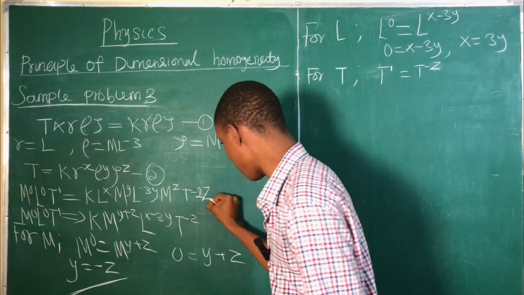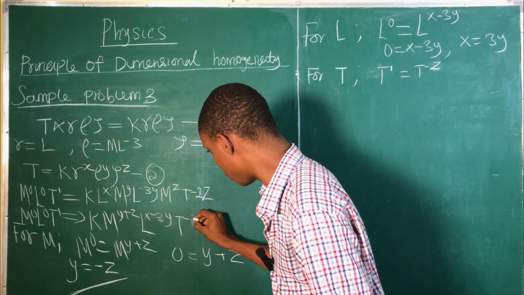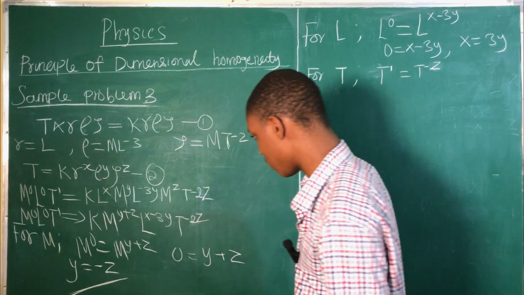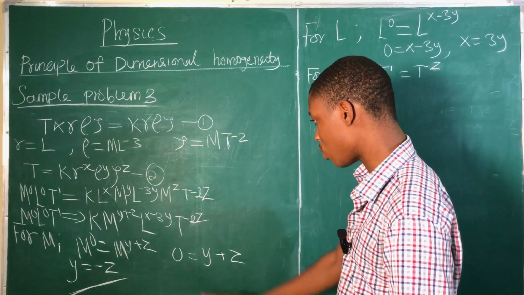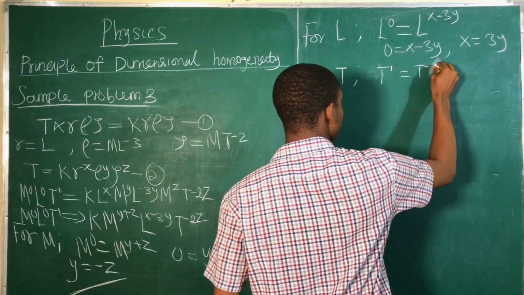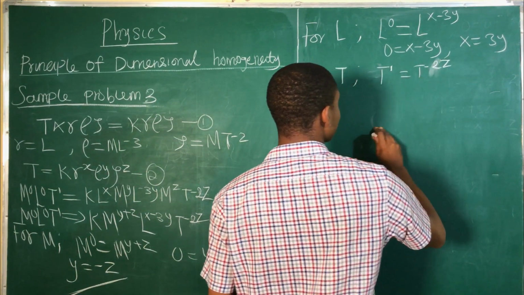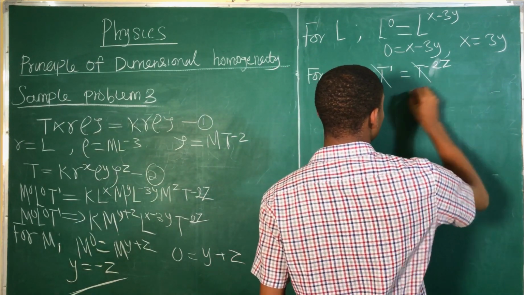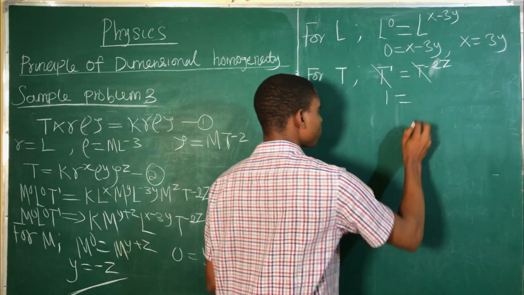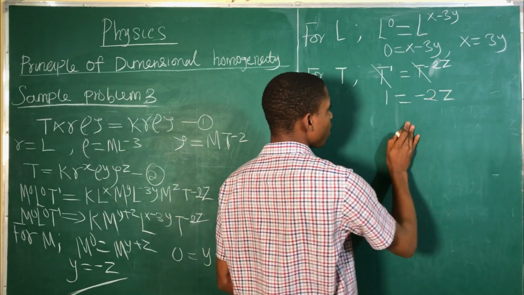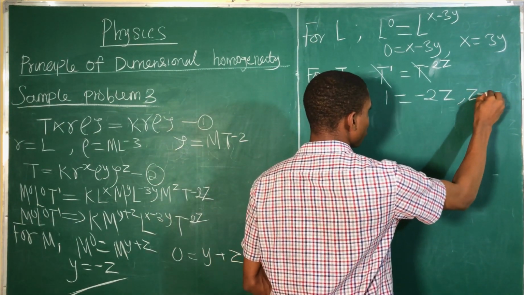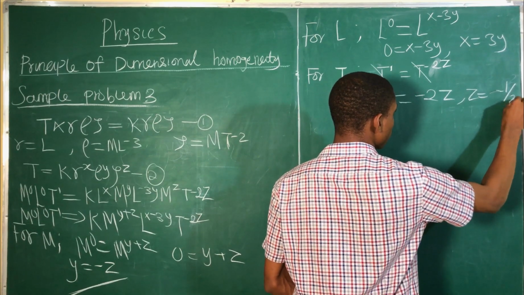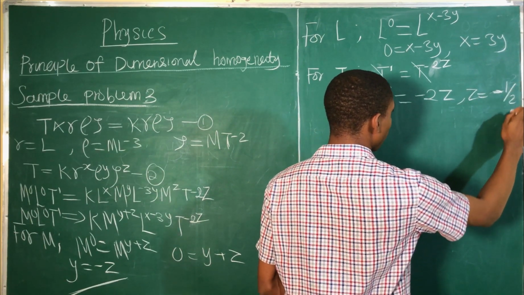Negative 2Z. So considering T, this becomes negative 2Z. Very important. So we cancel this, of course. We have that 1 is equal to negative 2Z. So therefore, Z will be equal to negative 1 over 2.